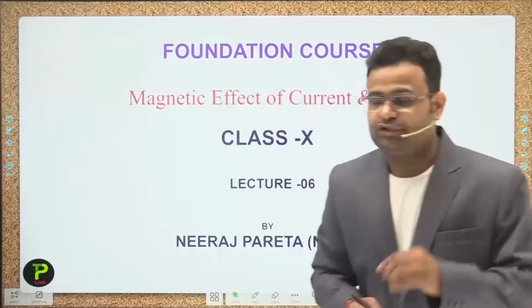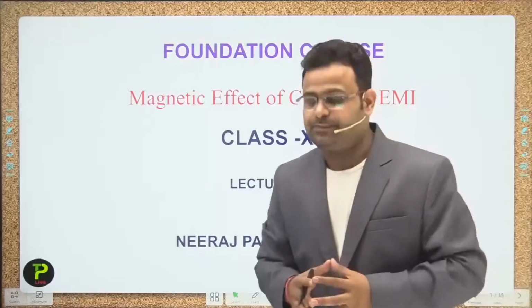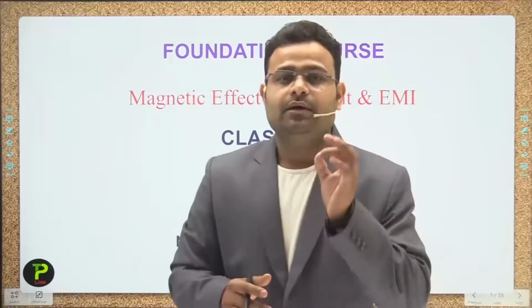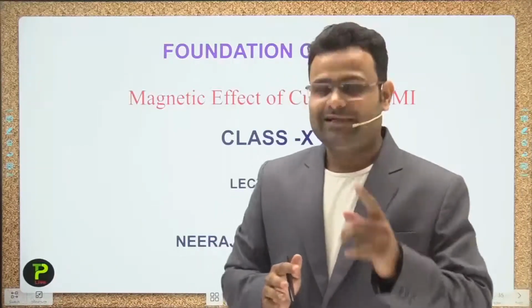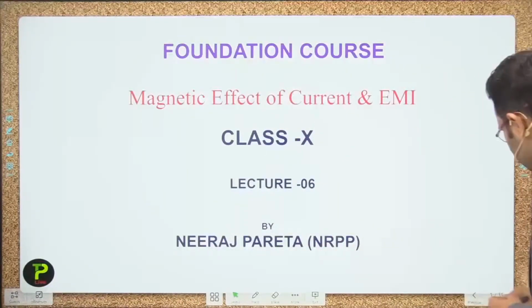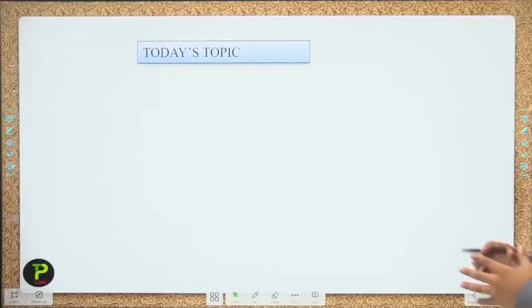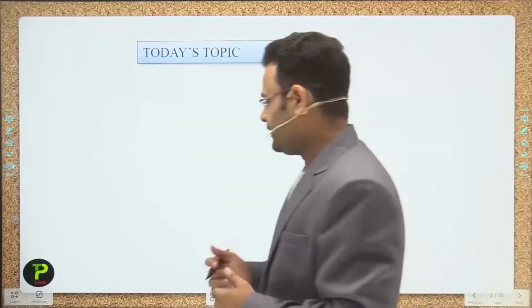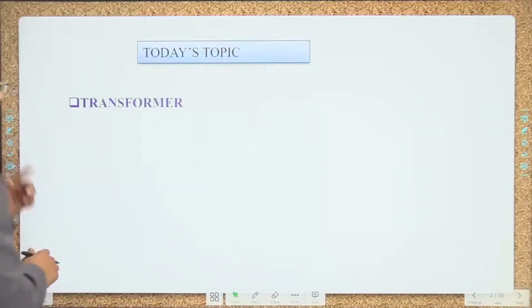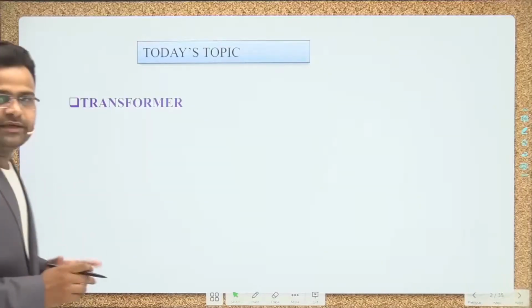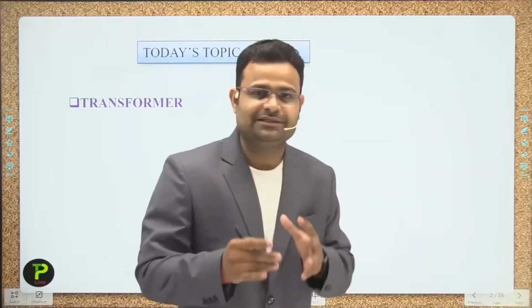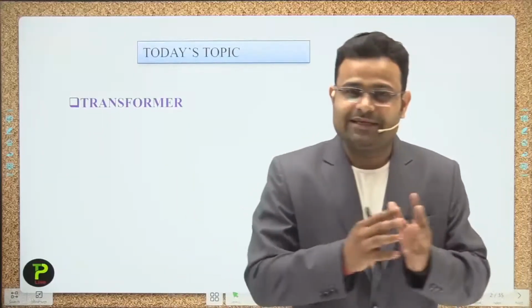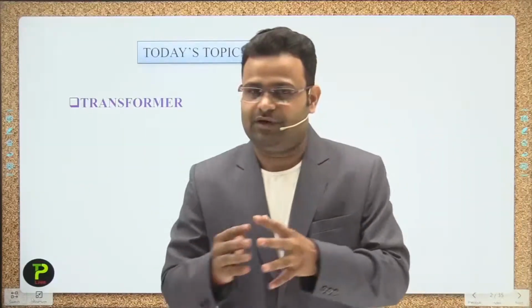So students, what is our previous topic? Our previous topic was the transformer. So guys, now we start our lecture. What is the topic of this lecture? The first topic is the transformer, a device which can increase and decrease our voltage.